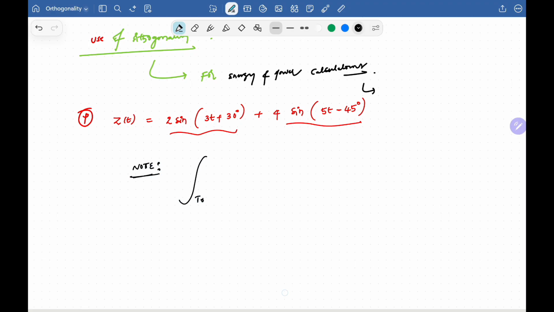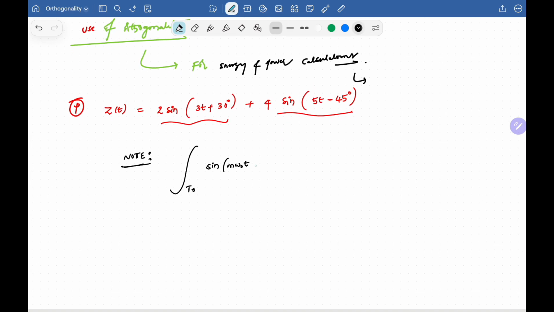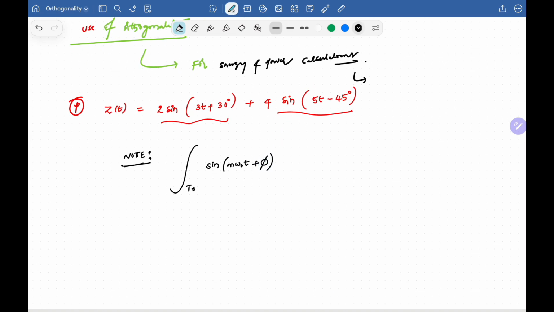The integral over T naught of sine of m omega naught t plus phi 1, where phi is the phase, times sine of n omega naught t plus phi 2, dt, should be zero for the two to be orthogonal.